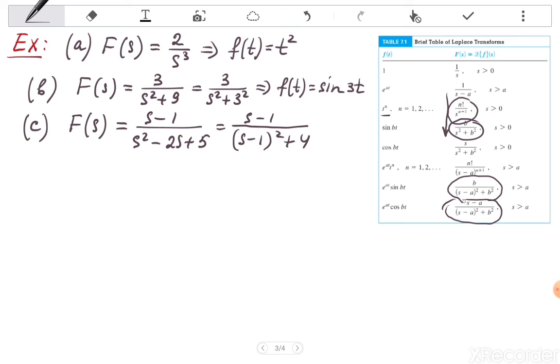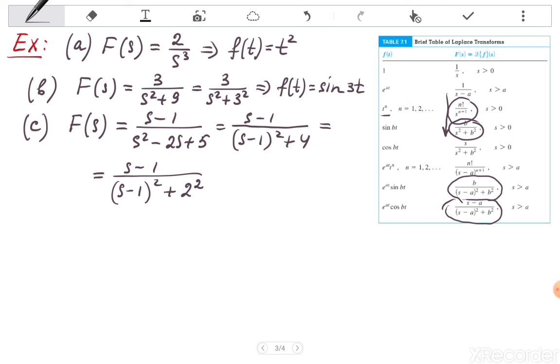So now it's quite similar to one of these. Let's rewrite it as s minus 1 over s minus 1 squared plus 2 squared. So now it's completely similar, with b equals 2. In the numerator we have b or s minus a; in our case we have s minus a.